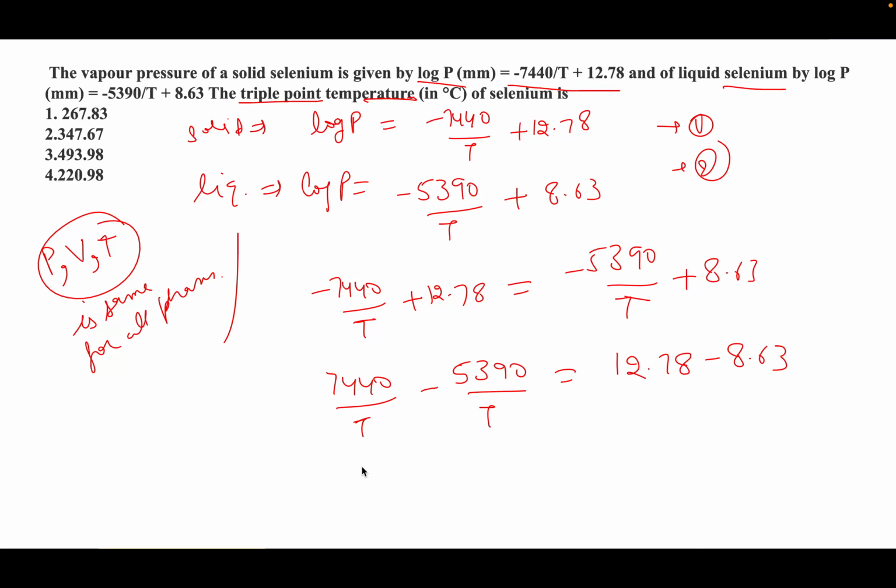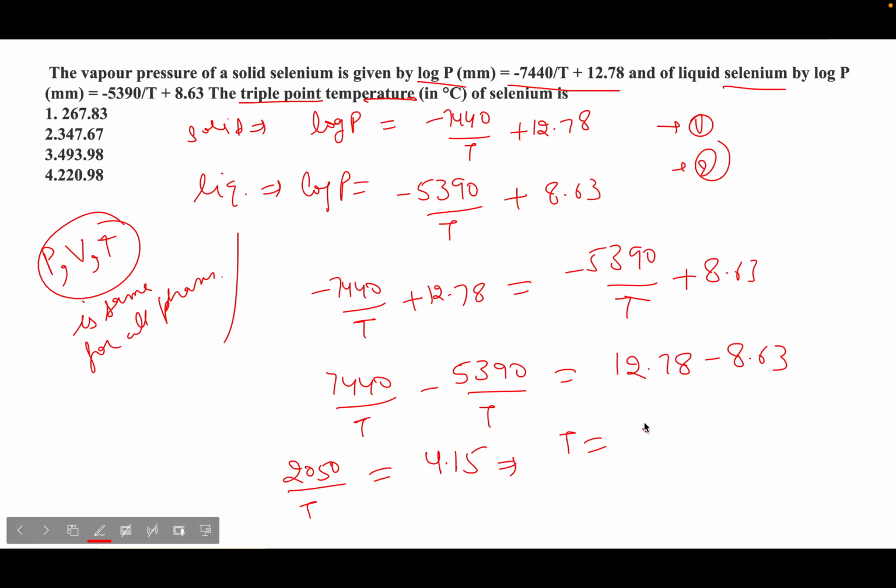So let me calculate: 7440 minus 5390 is 2050 by T, that is equal to 12.78 minus 8.63, which is 4.15.